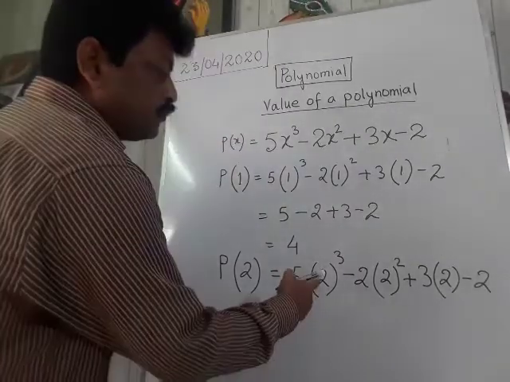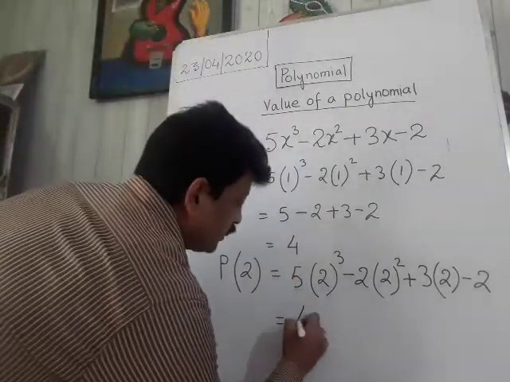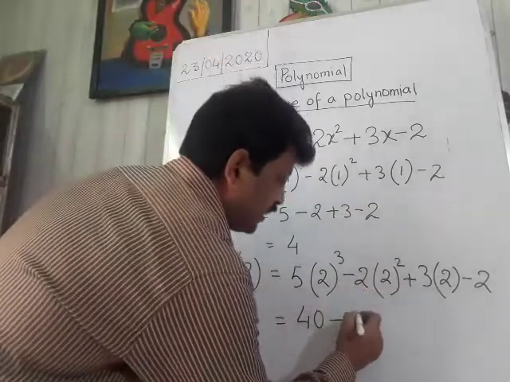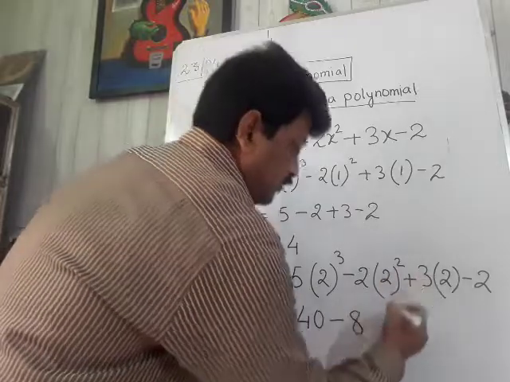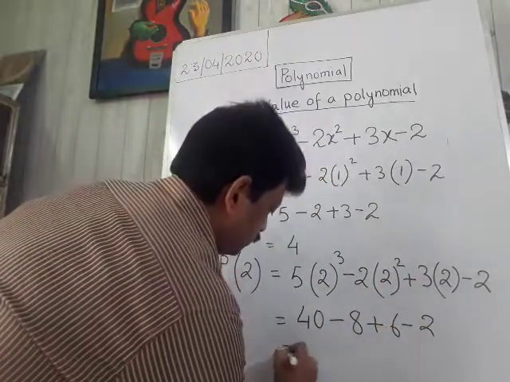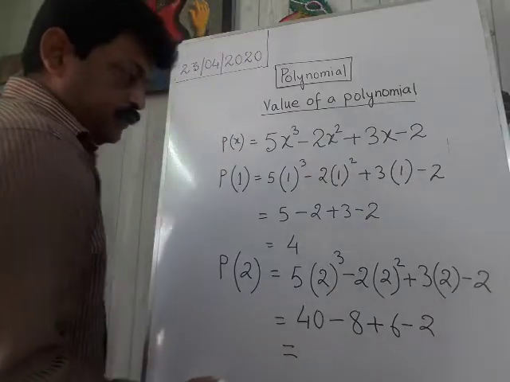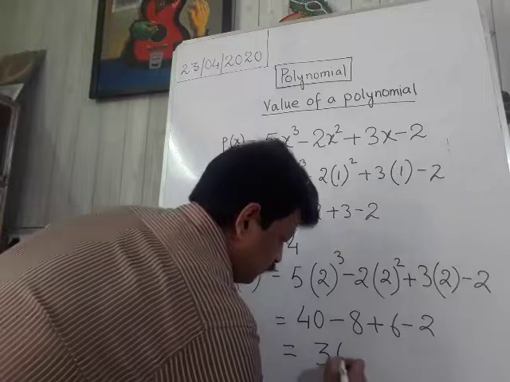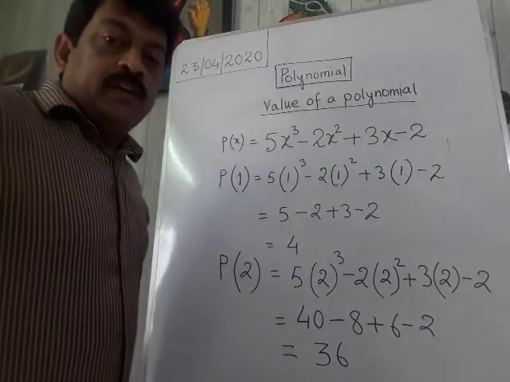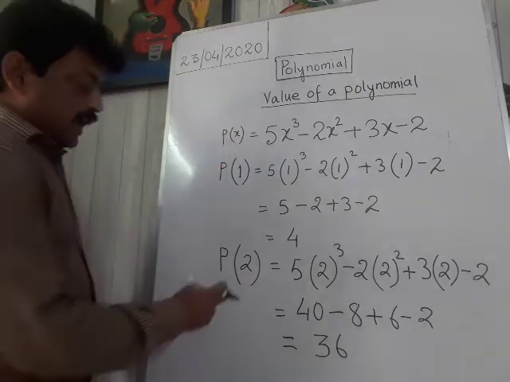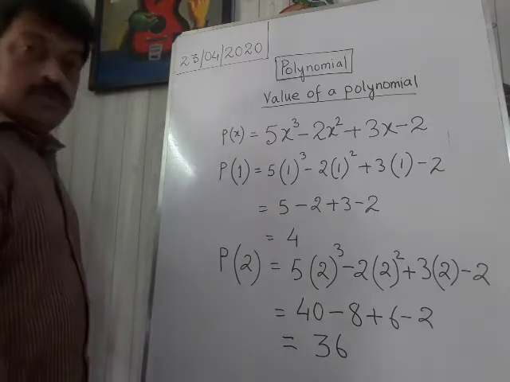So this will give 2 cube is 8, 8 5s are 40, minus 2 square is 4, 4 2s are 8, 3 2s are 6, minus 2. So 40 plus 6 is 46, 46 minus 10 is 36. So we can say that 36 is the value of the polynomial at x equals 2.